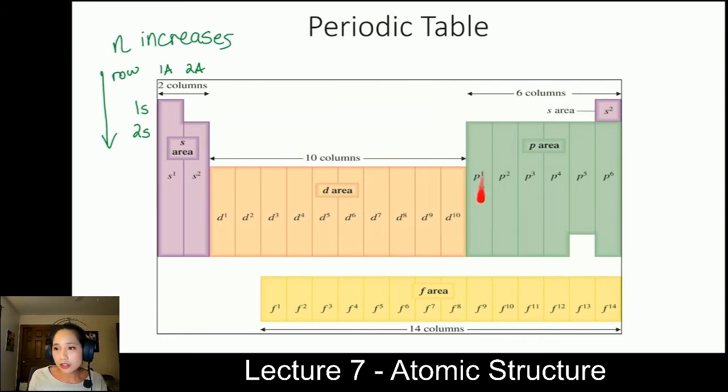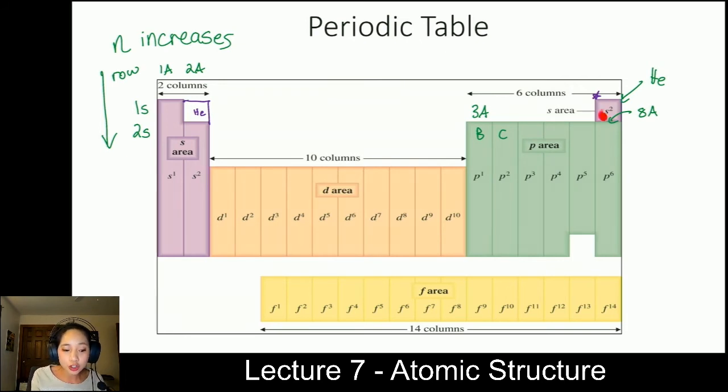Our P block is over here, and it starts with boron and carbon. Our P block is our 3A elements all the way over to our 8A elements, except helium. Helium really should be over here. Maybe I'll make it purple. So our helium is over here, and that's why that block is purple.